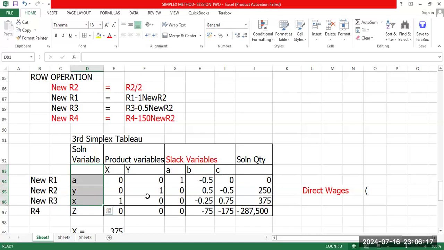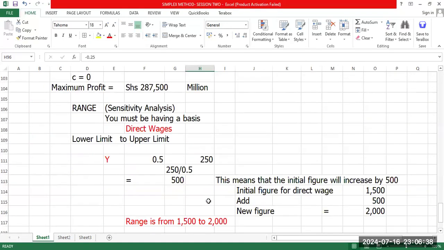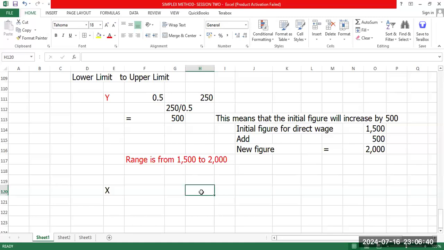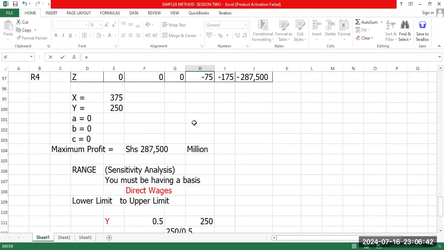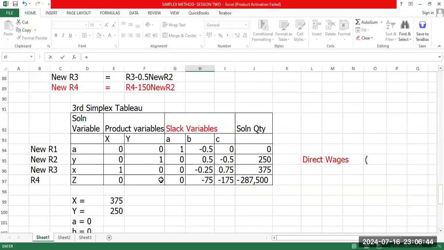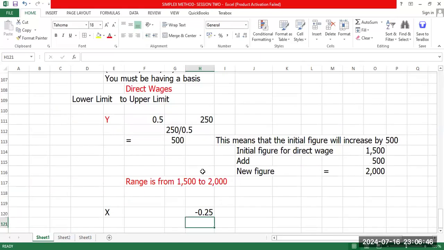Now don't focus on the rest. What will help you determine everything is actually the slack variable, B. You just move in the column of B, then where B meets X, you record that value. It will be this one.